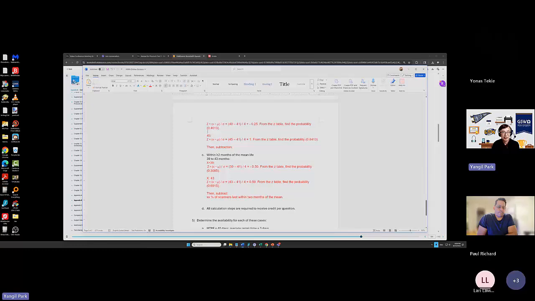And this is the case of plus or minus 2 months of the mean life, which is 41, meaning 39 to 43 months. So you find again the probability for 39 months from the table, same thing, the probability of 43 months. Then subtract.